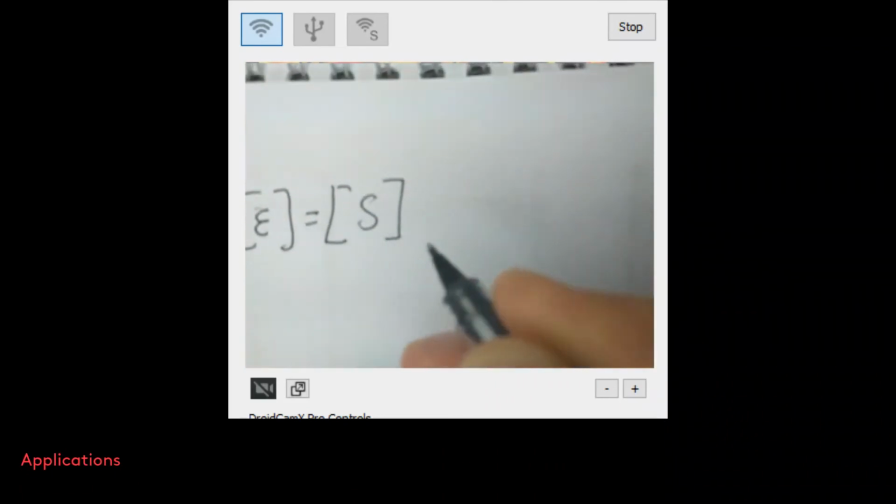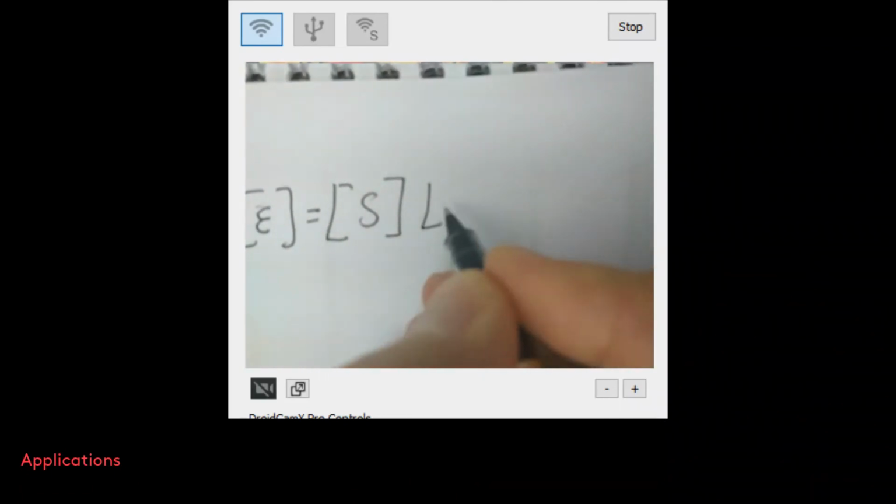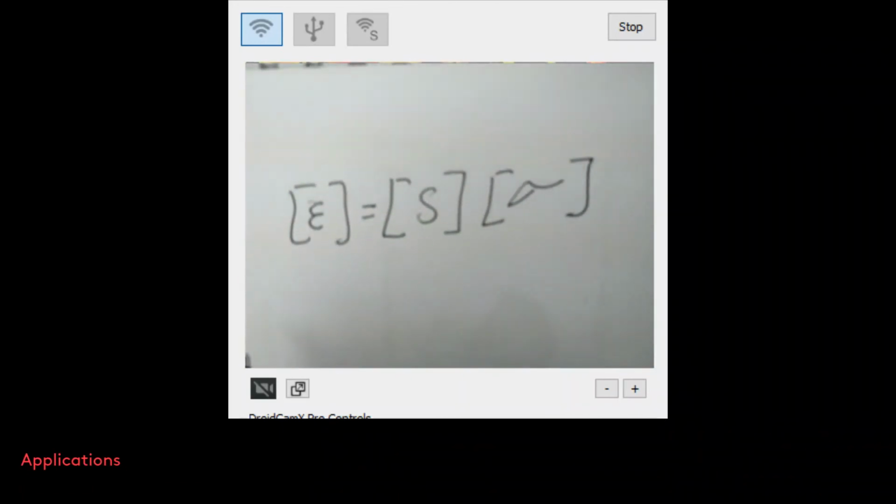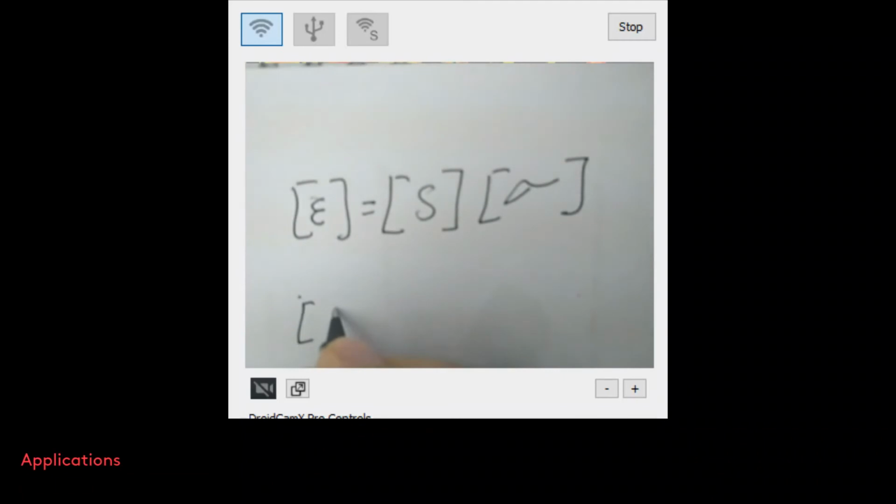Okay, now let me remind you some expressions. So the relations between the stresses and strain. In fact, we have the strain, then we have the compliance S, and then we have the stress. So let me write the strain.